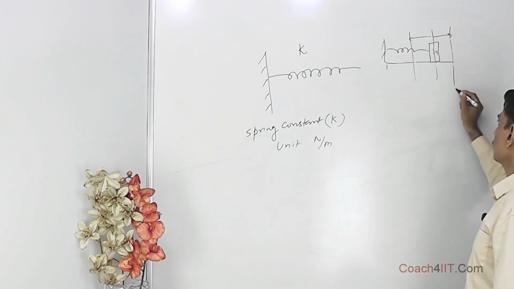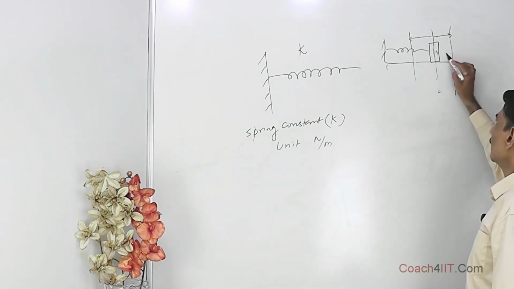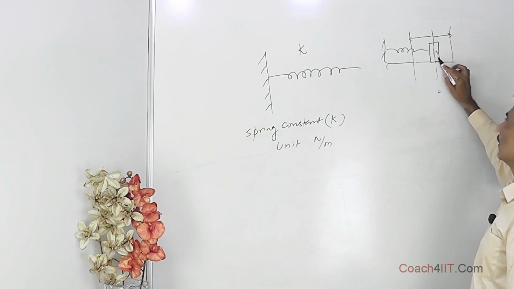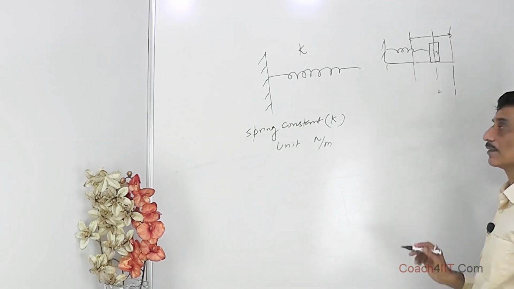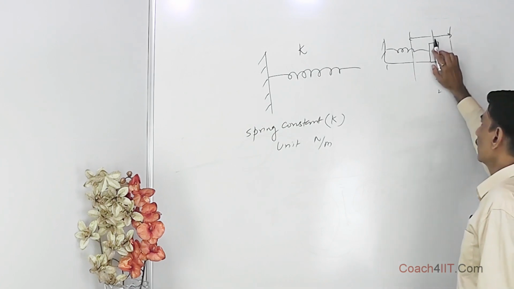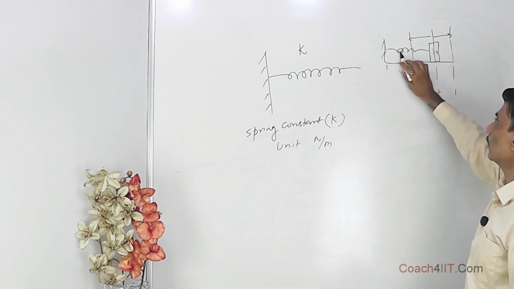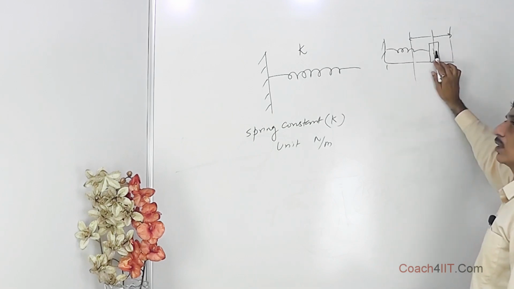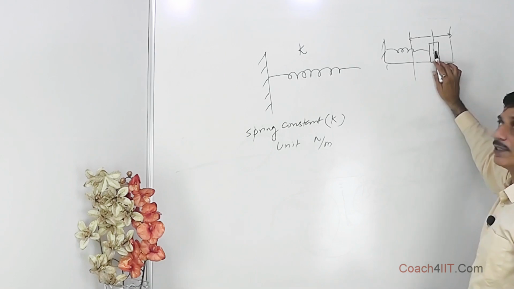When it goes from position number 1 to position number 2, the kinetic energy of this block is increasing, and this is increasing at the expense of loss of the potential energy of the spring. When it comes over here, this spring has natural length. There is no elastic potential energy stored in this. All the potential energy has been given to this block in the form of kinetic energy. So now all the energy is with this block in the form of kinetic energy.